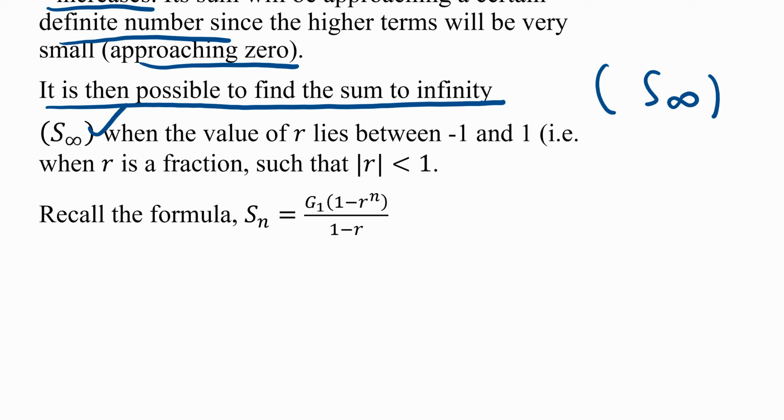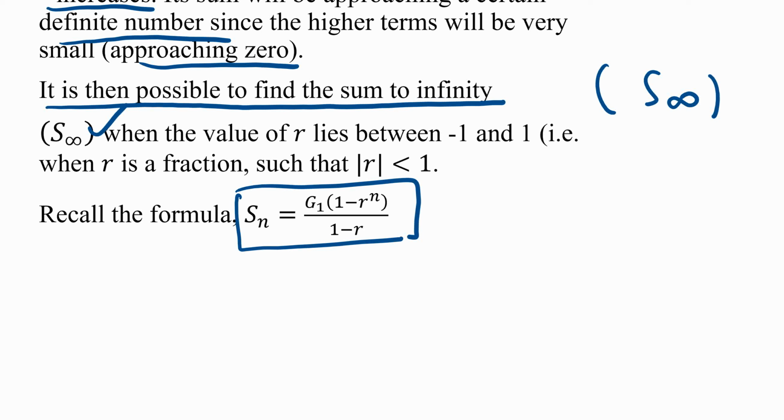This applies when the value of r lies between -1 and 1, where r is a fraction such that the absolute value of r is less than 1. Now we are going to recall this formula, which we used to find the sum of the first n terms of a geometric progression.